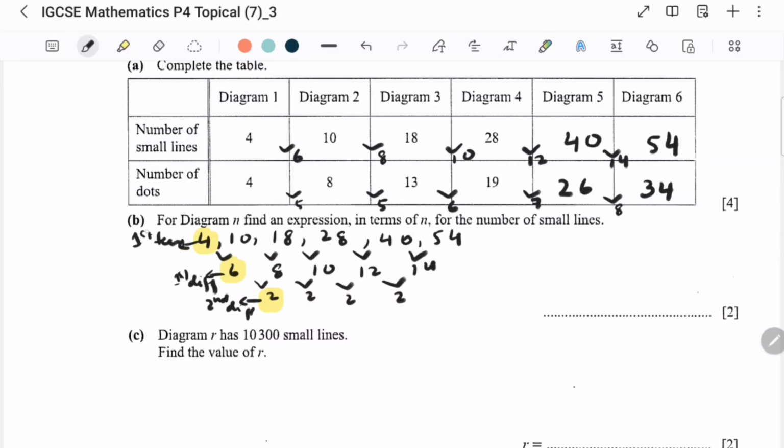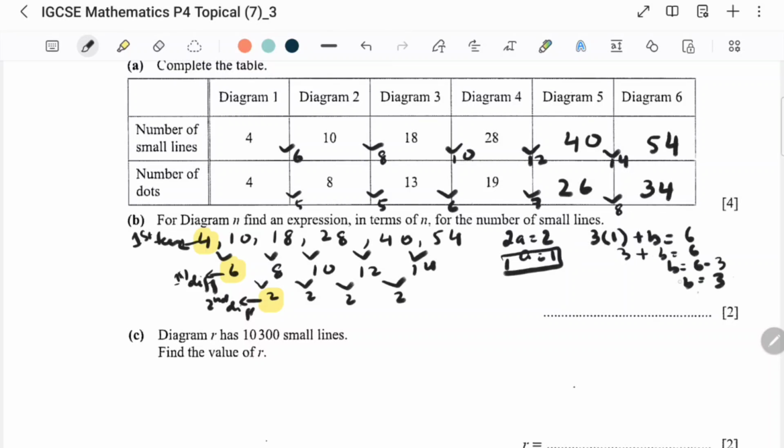So that is the second difference, it's the first difference, and it's the first term. Okay, so you know that 2a is equal to the second difference, so 2a is equal to 2, a equals 2 upon 2, 1. 3a plus b is equal to the first difference, which is 6. 3 plus b is equal to 6, b is equal to 6 minus 3, b is equal to 3.